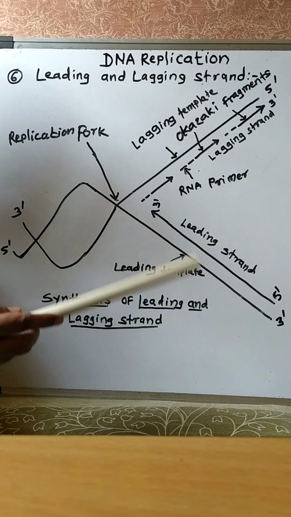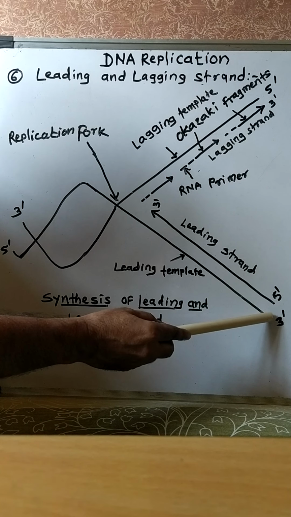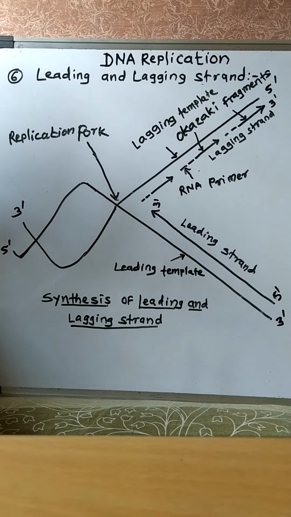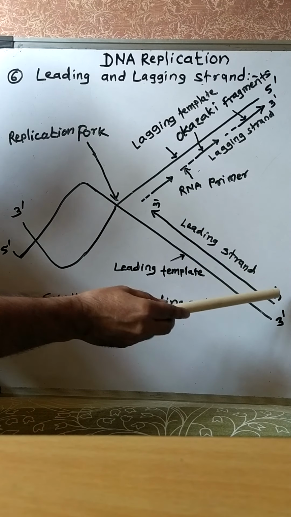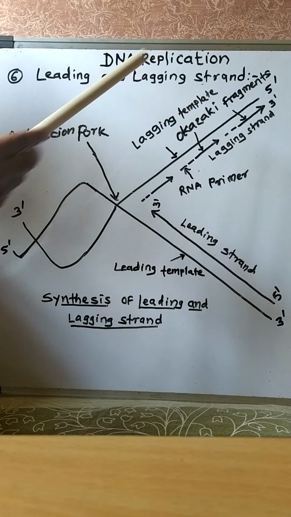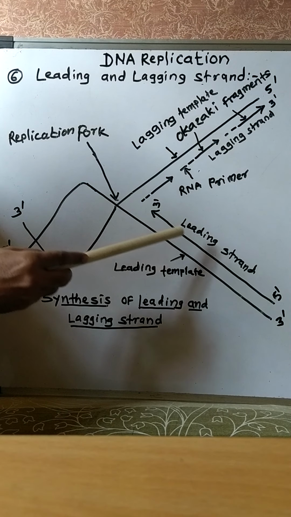The third carbon end, the C3 end of the template. And as the strands of DNA are anti-parallel, new DNA is always synthesized in which direction? 5' to 3' direction. Remember that.